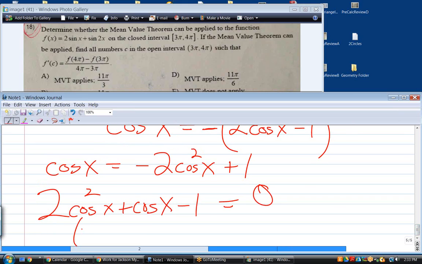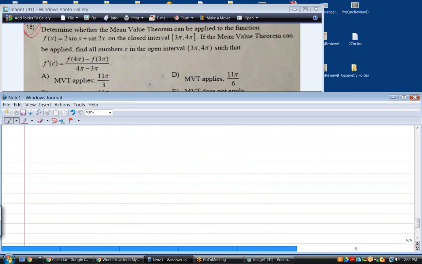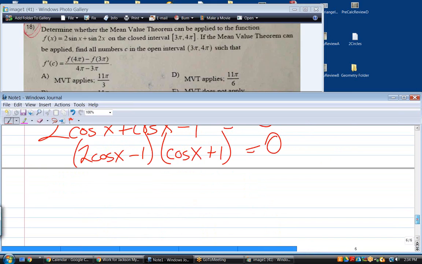Well, how does that solve? 2 cosine x minus 1 times cosine x plus 1. That gives me the proper middle term. How do I solve those two?